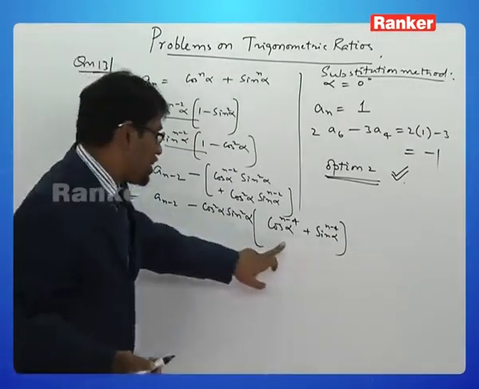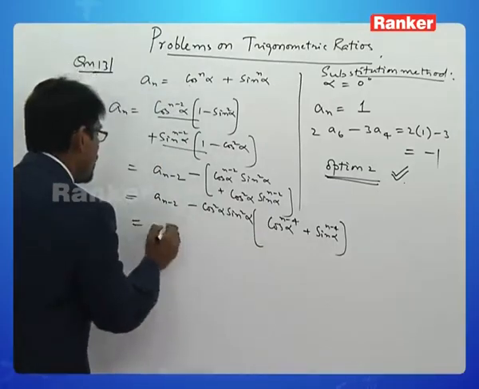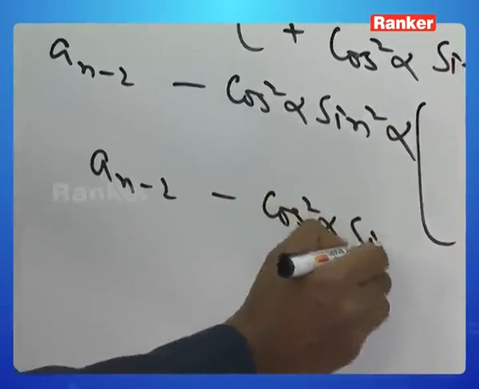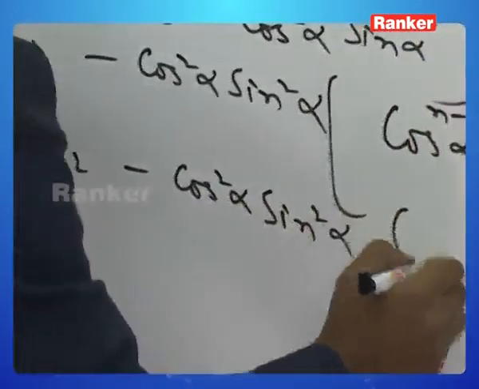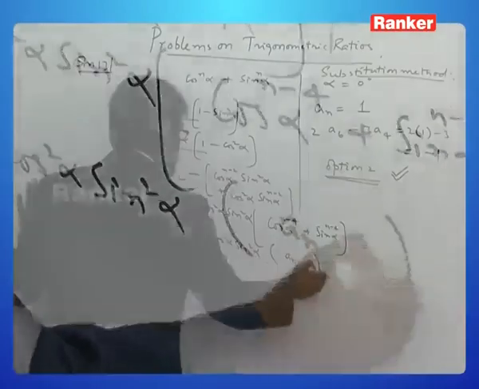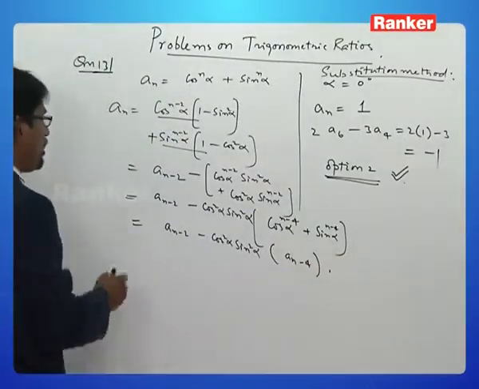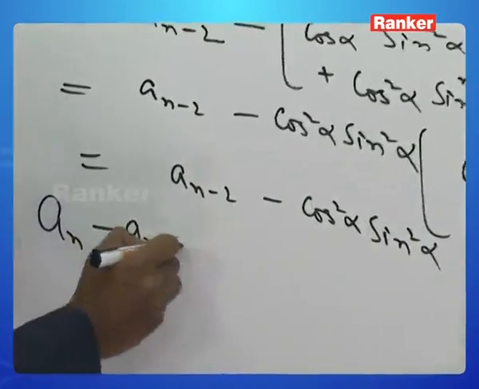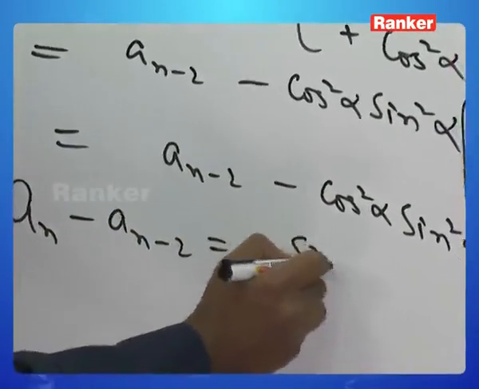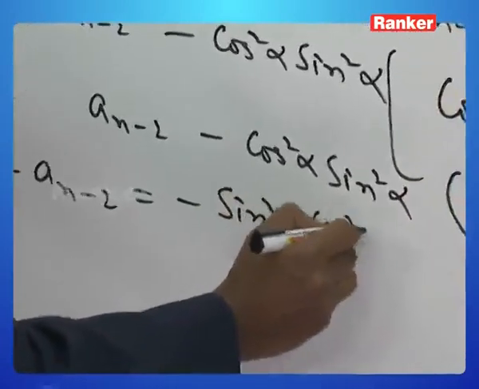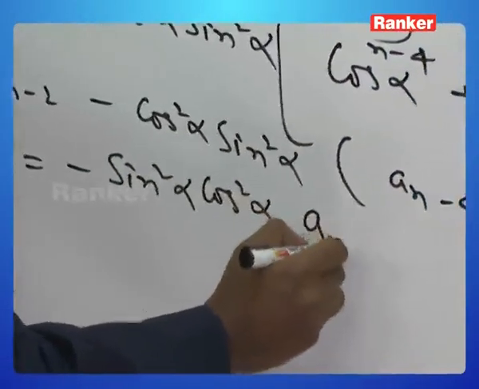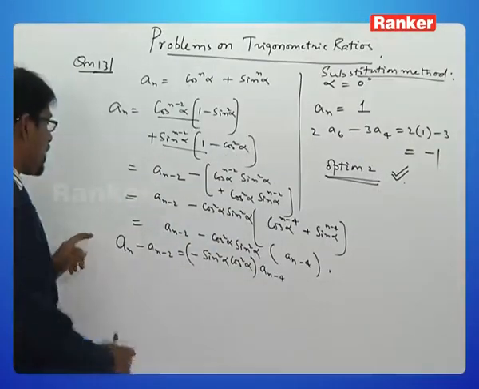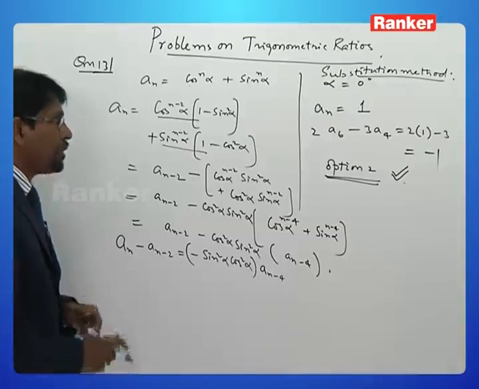This is an minus 4. So what we have here is an minus 2 minus cos square alpha sin square alpha into an minus 4. Therefore, we can write this way: an minus 2 is equal to minus sin square alpha cos square alpha into an minus 4. So this is a kind of relation that we have got here.